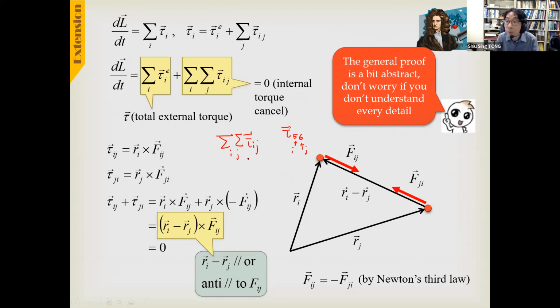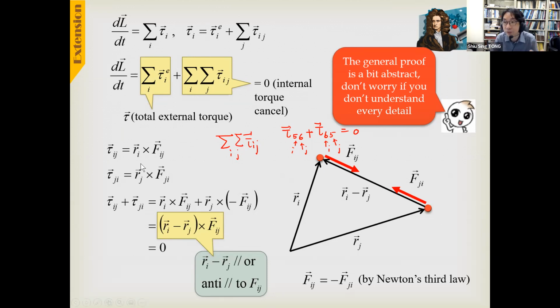But since i and j are both running from 1 to n, I will have another term with i equal to 6 and j equal to 5. I must have this term, right? With the two indices inverted. And I claim that tau 5,6 and tau 6,5 add up together to 0. And so in this summation, all the opposite pairs, tau ij and tau ji, will always cancel each other. And so the total sum of tau ij will be 0.